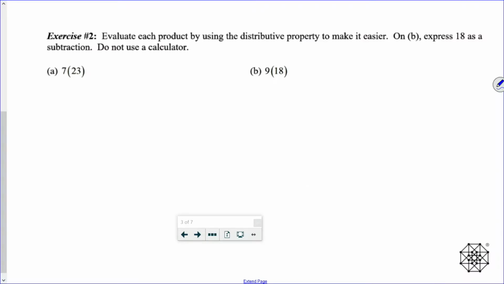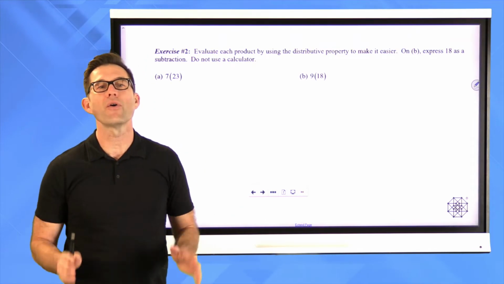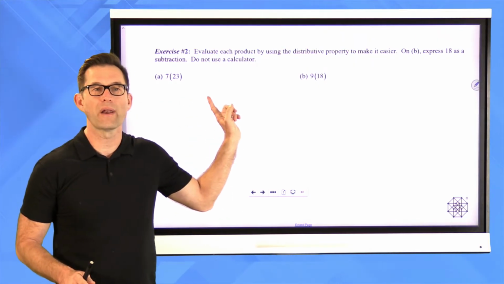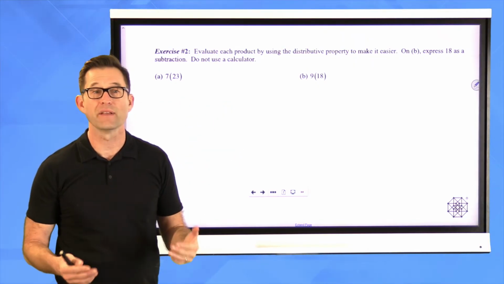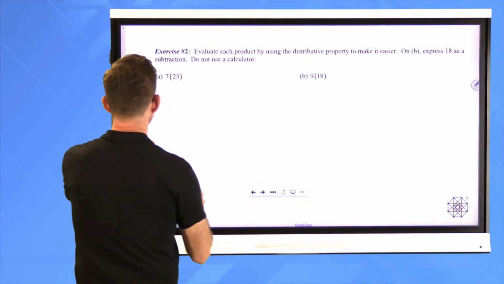Evaluate each product by using the distributive property to make it easier. On B, express 18 as a subtraction. Do not use a calculator. Okay, so here's what I mean. Now, I know that you can all do 7 times 23 using the standard algorithm. It's not that. I want us to be able to think about it like this.